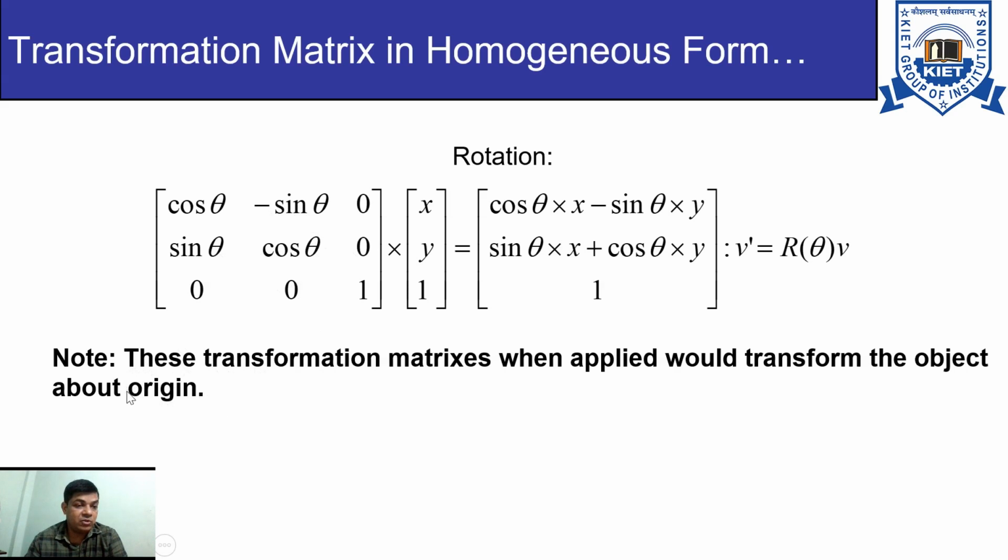So whenever there is a question about transformation about the origin, you can directly apply these three matrices. But if you have to transform the object about any pivot point or fixed point, then you have to apply some different matrices that we will discuss in the coming section.